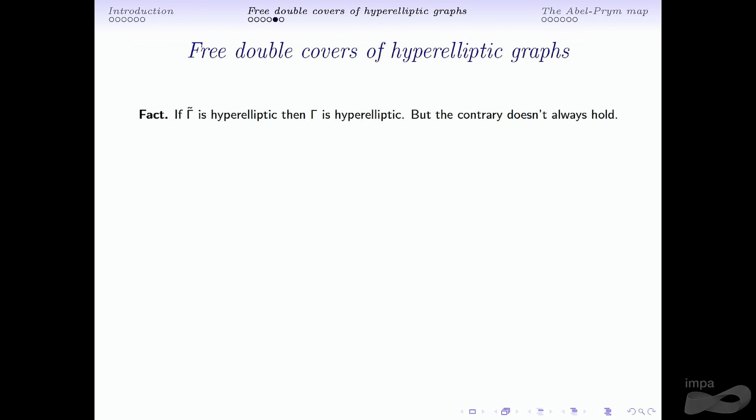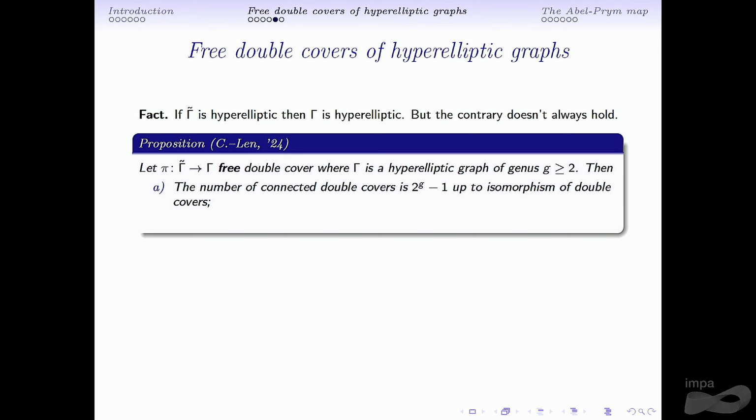And a fact that is easy to prove is that if we start with a hyperelliptic graph, then the target graph will also be hyperelliptic for double covers. But the converse doesn't always hold. And we have this proposition that if we consider free double covers, where the target graph is hyperelliptic, then, as was already proved by Len and Zakharov, the number of connected double covers is 2 to the g minus 1, up to isomorphism.